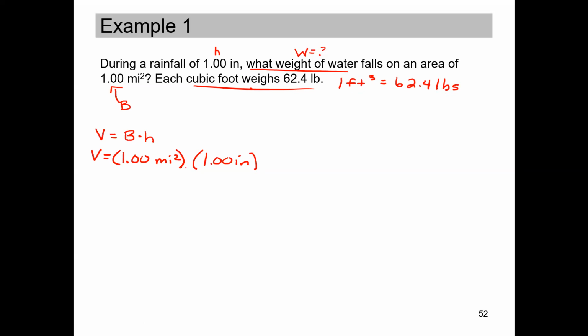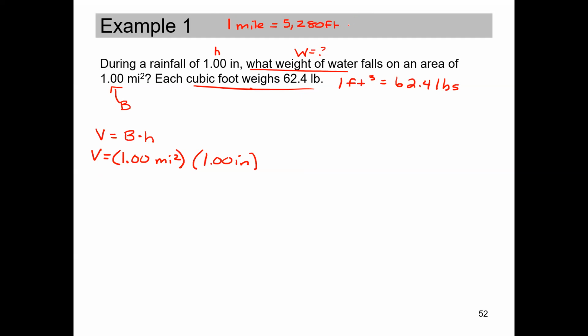All right, so what I'll do is I'll change this 1 square mile into feet. Does anyone have that table of common equivalents available? Does anyone know how many feet are in 1 mile? 5,280. You got it. So 1 mile is 5,280 feet.